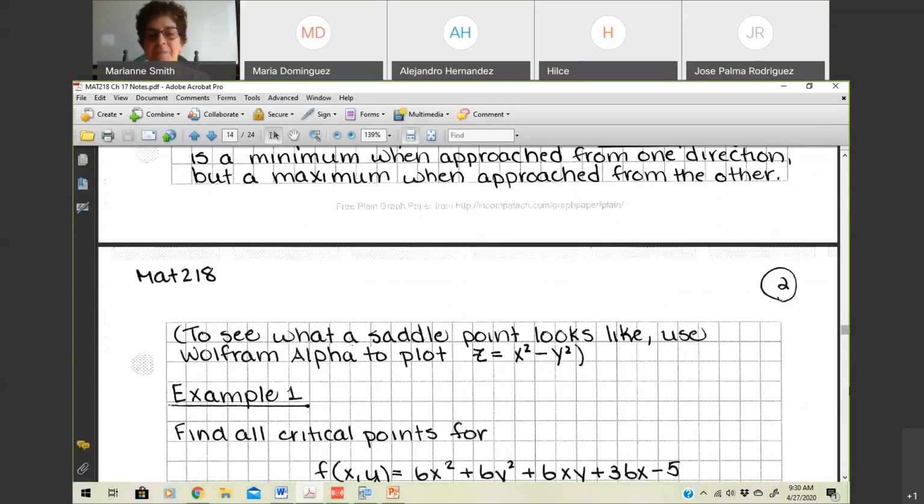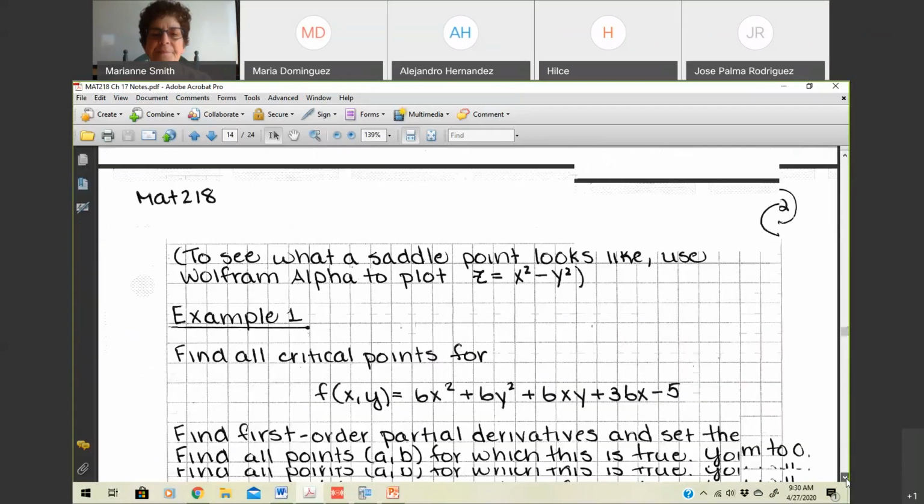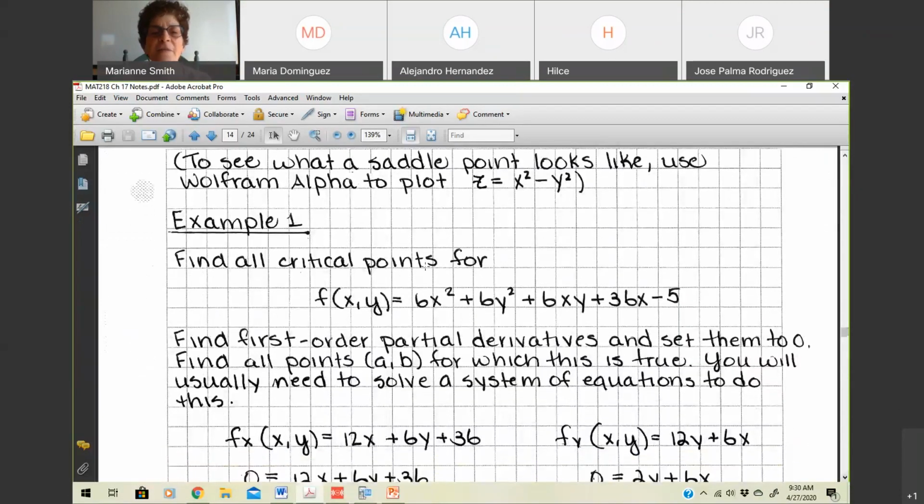Let's show how we do this. I want to find all the critical points for this function of two variables. My strategy is going to be to take both first partial derivatives, set them to 0, and solve for x and y. Remember, this is going to give you a system.